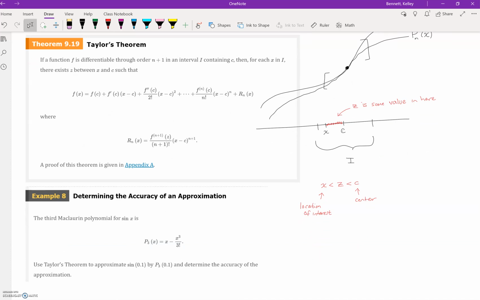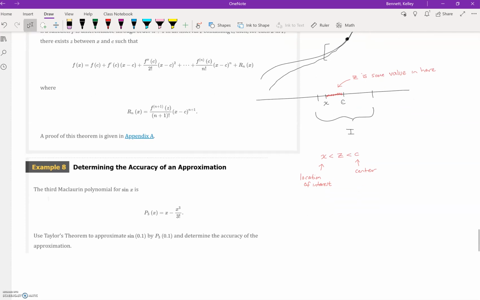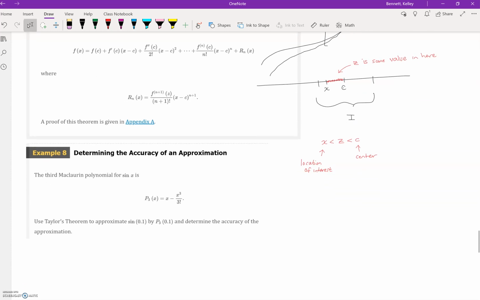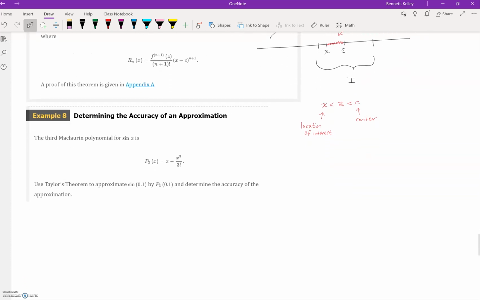So what I mean by that is that we're going to look at the third degree Maclaurin polynomial for sine of x, and we're going to say how accurate it is. So basically, this is what we really want to do.